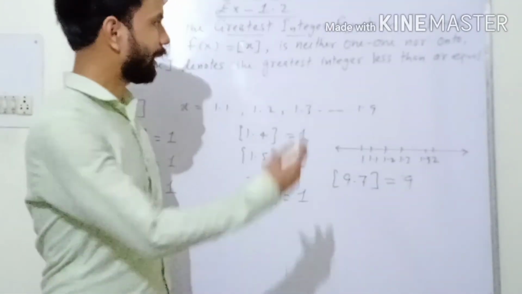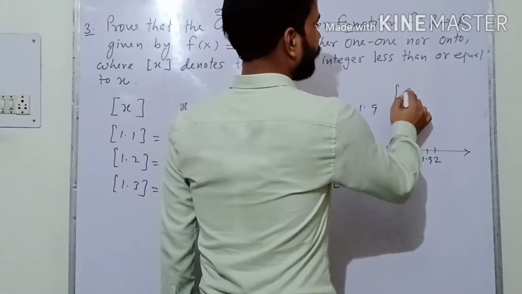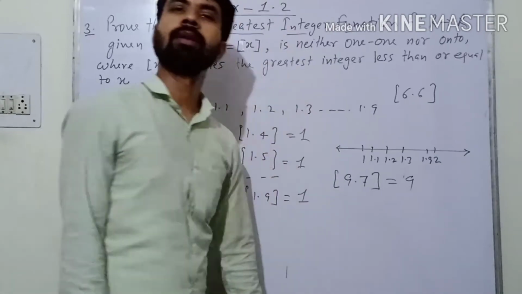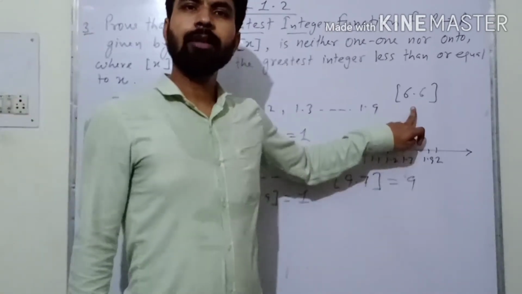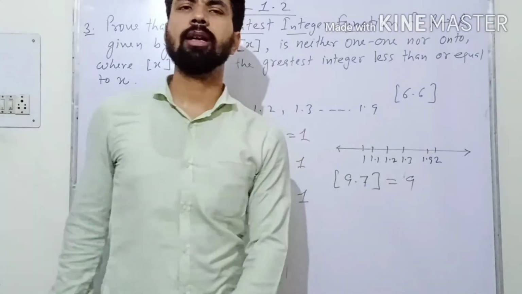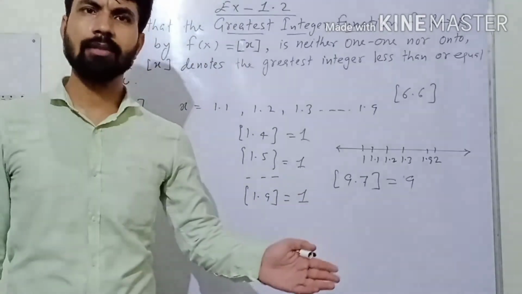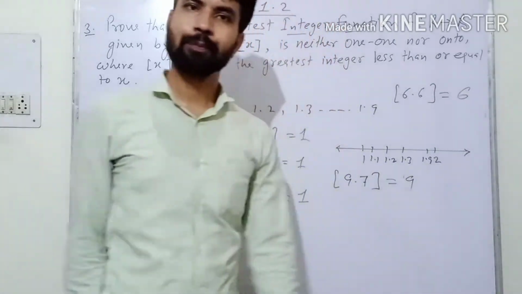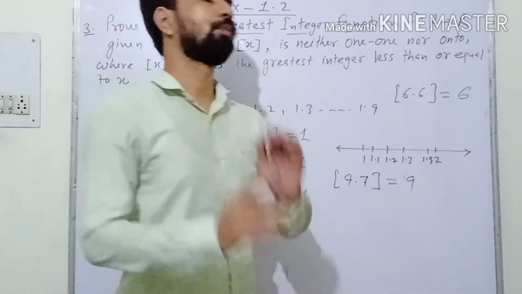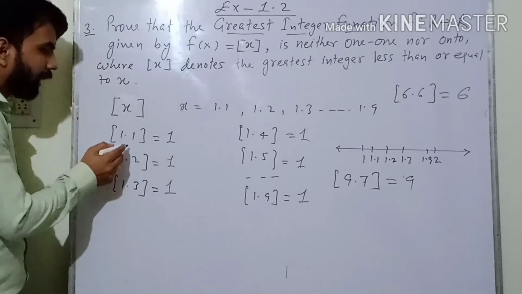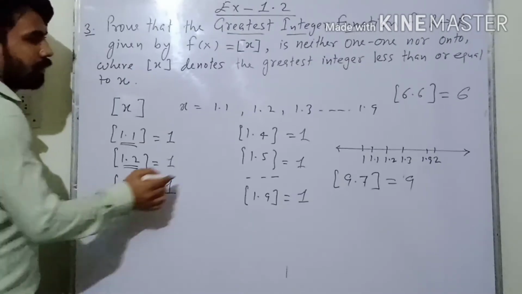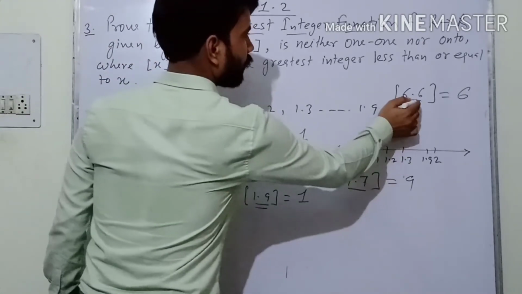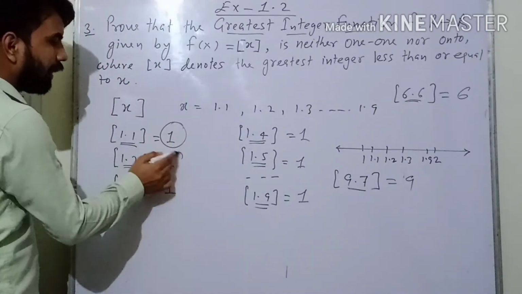One more: greatest integer 6.6. 6.6 lies between 6 and 7, and 6 is the smaller, so its value will be 6. Understood? Now pay more attention. For all these decimal numbers, we are getting an integer.